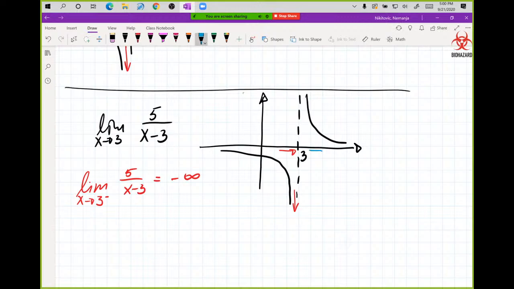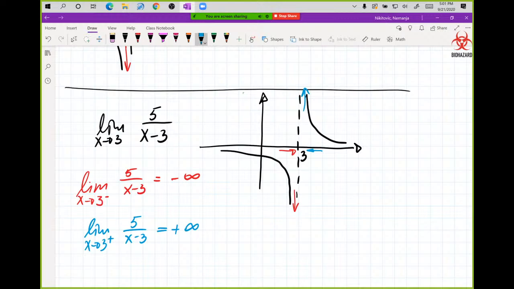And then from the right, you're going to go up, and that's going to be the limit as x goes to 3 plus of 5 over x minus 3, and you're going to get positive infinity. So between the two examples, there is no difference. You still have the same example going up and down to make sure that you have the right infinities and all of that stuff working.